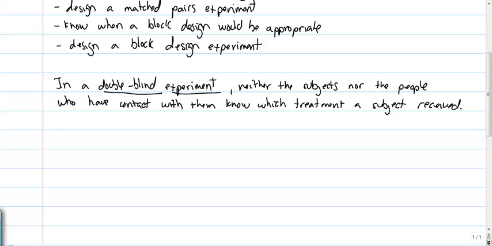So neither the subject knows which treatment they received, nor the people who are working directly with the subject know which treatment that subject received.